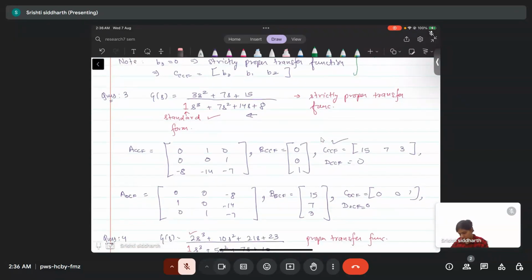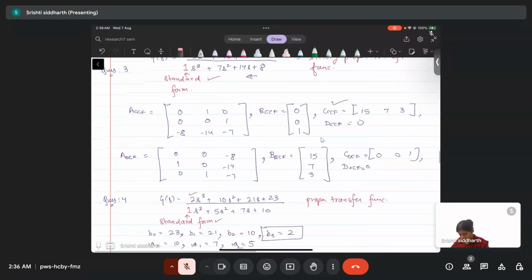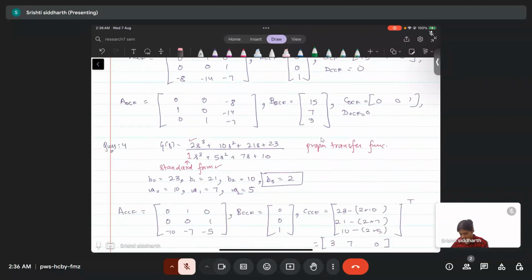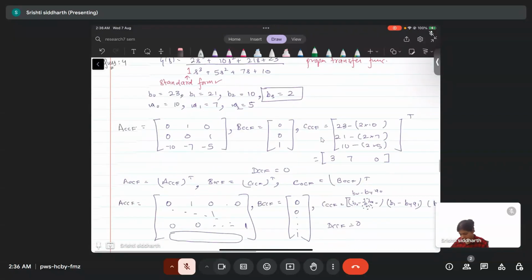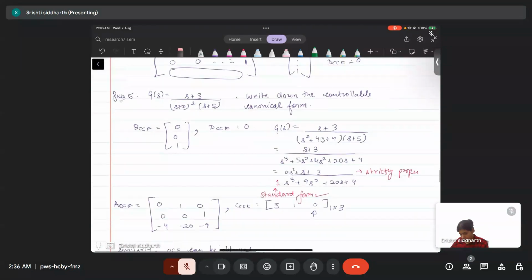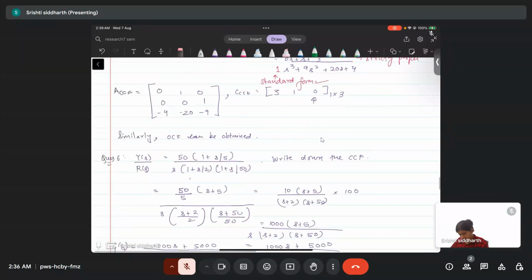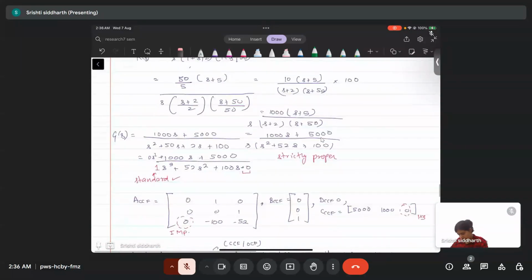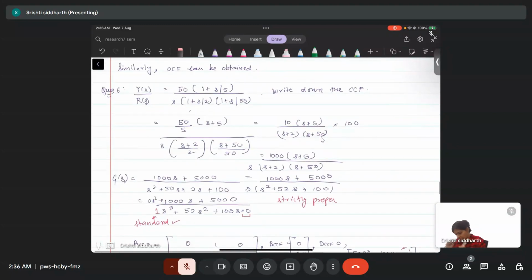So for strictly proper transfer function in standard form, then for proper transfer function in standard form, we first wrote down this expression in the standard form. The standard form, I mean, polynomials in S, in both the numerator and the denominator.